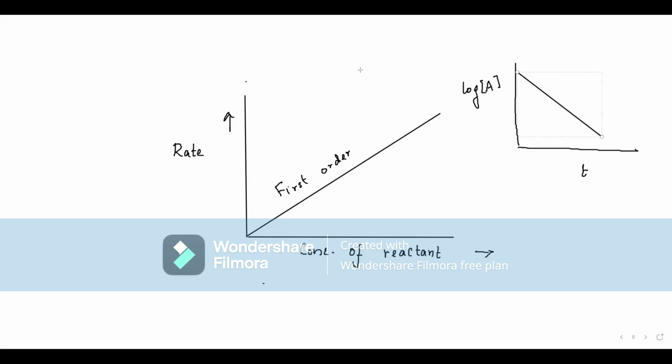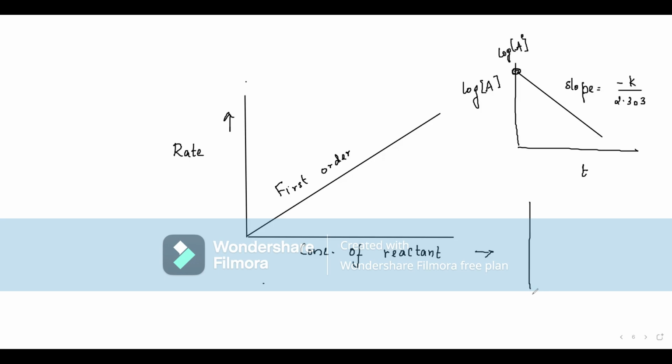This is for log A, that is concentration that remains at time t, against t. But this intersection point will be representing log A naught. Also, the slope of this line is minus k by 2.303.